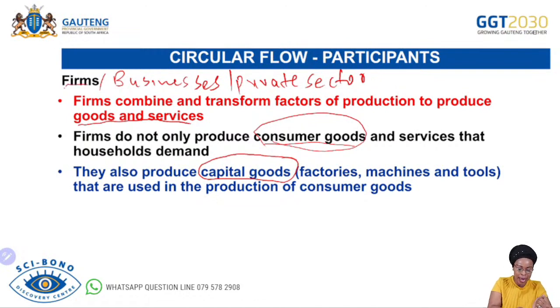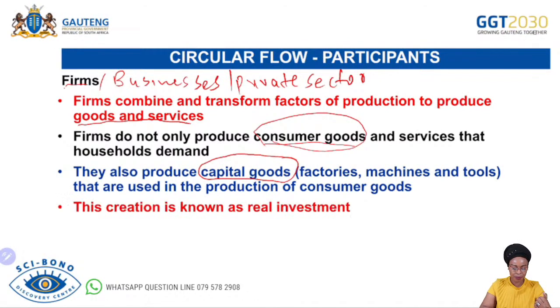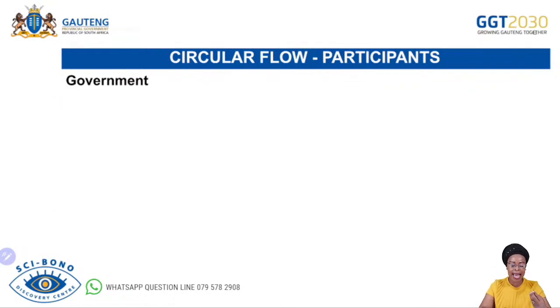They are produced by the firms. So when businesses produce capital goods, that we call real investment. And for businesses to be able to produce capital goods, they need to use their own capital or borrowed capital from the financial sector. That is another interaction.